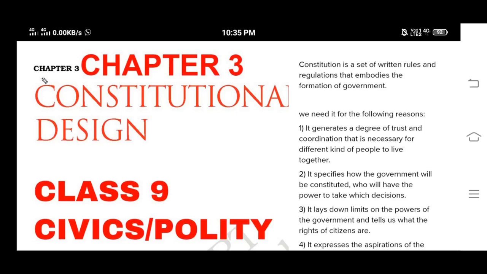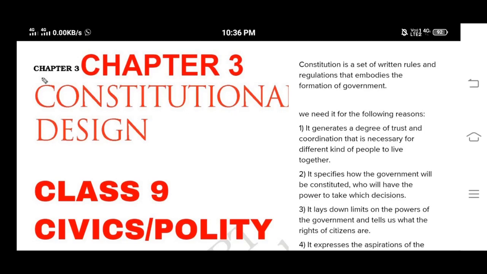It means that constitution gives guidelines for government formation and also clearly defines the powers of taking decisions by different organs of the government. First thing, it guides us how to form the government, and second thing is that who can take decision.